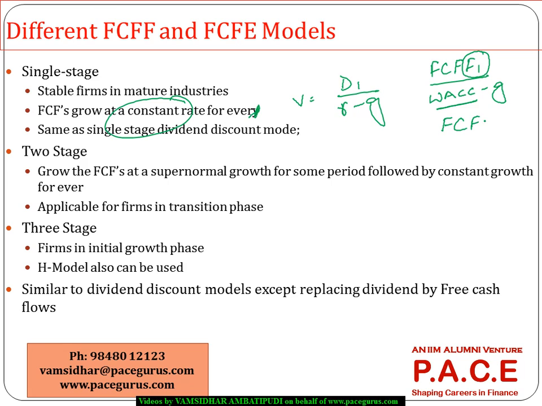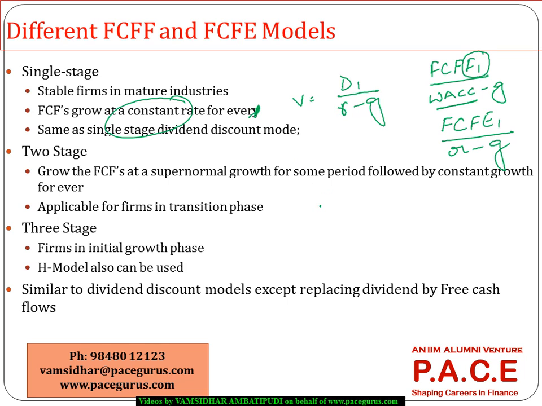But if I am using free cash flow to the equity, then I can still use R minus G itself. So, these are the values of the firm, especially if I am assuming that the firm is going to grow at the constant rate from the current period onwards. It's exactly similar.